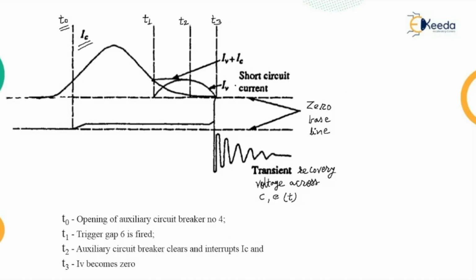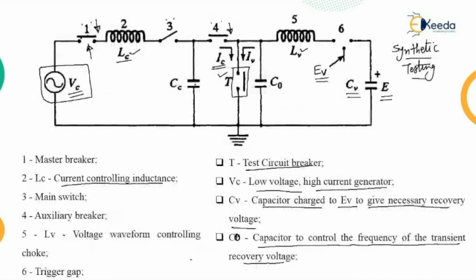Now this is time T2. At this particular time T2, when the generator current IC is 0, the circuit breaker 1 clears that circuit, leaving only the current flow from CV.